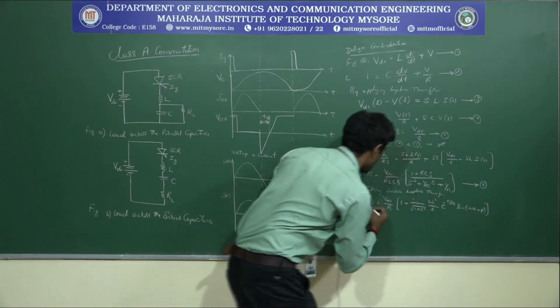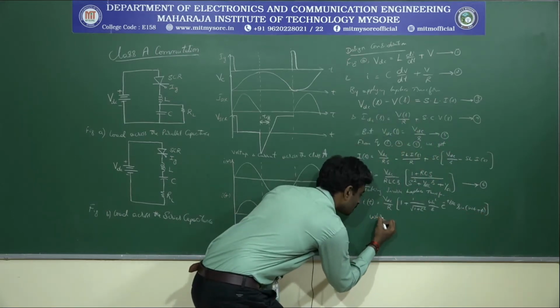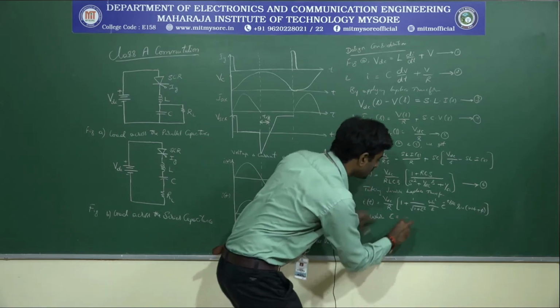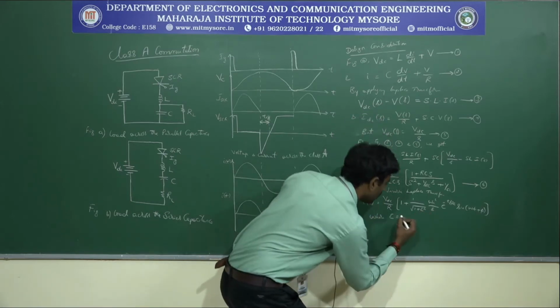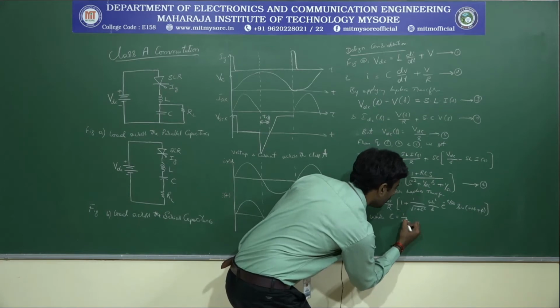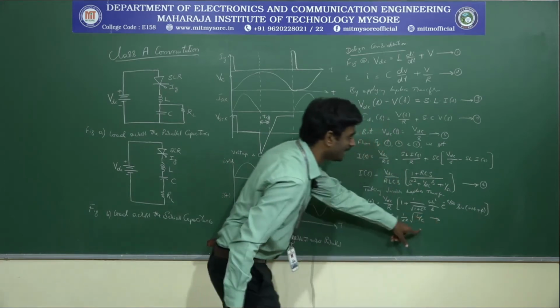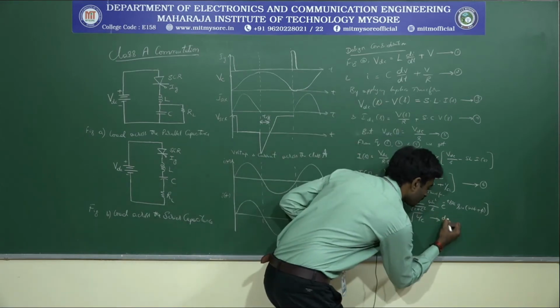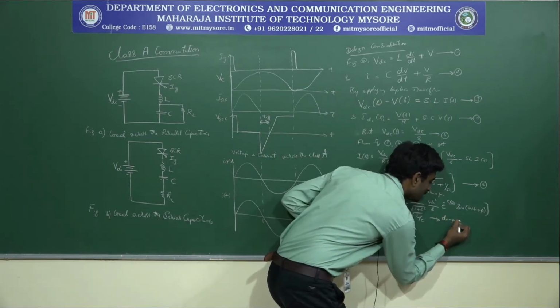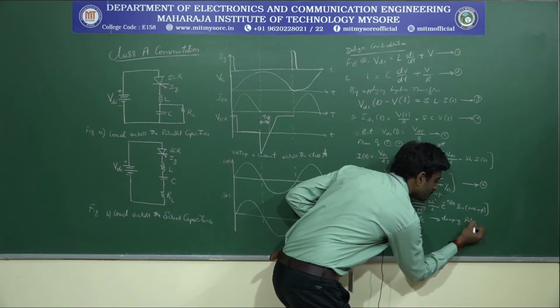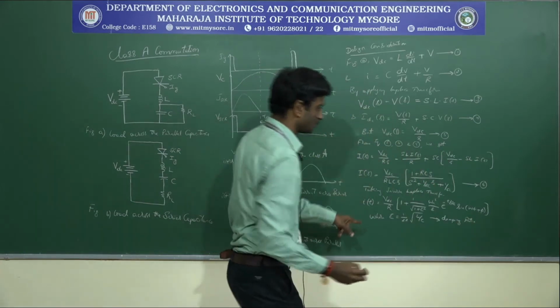This will be another equation where, in this condition, psi will be equal to this. Psi will be equal to 1 divided by 2R into root of L by C, and I will write this as the damping ratio. This will be my damping ratio for this epsilon.